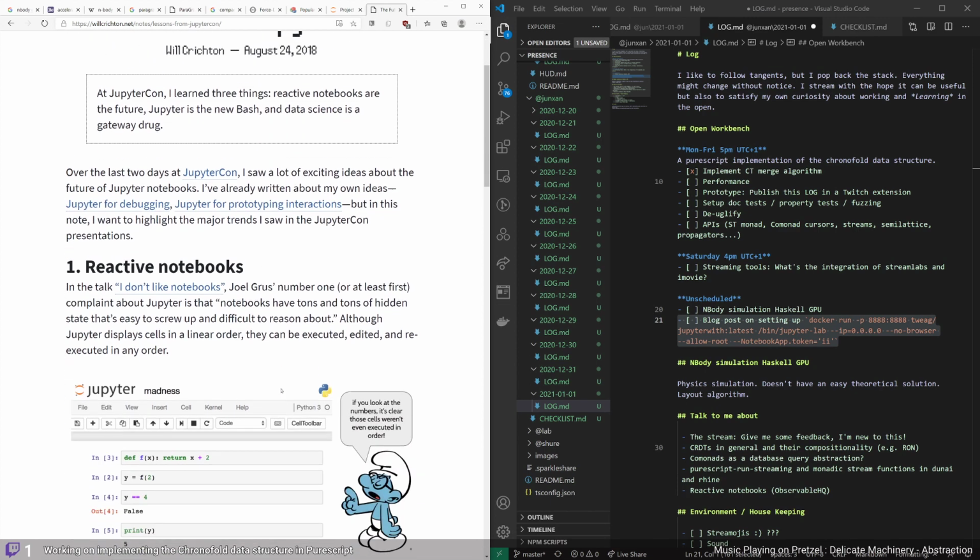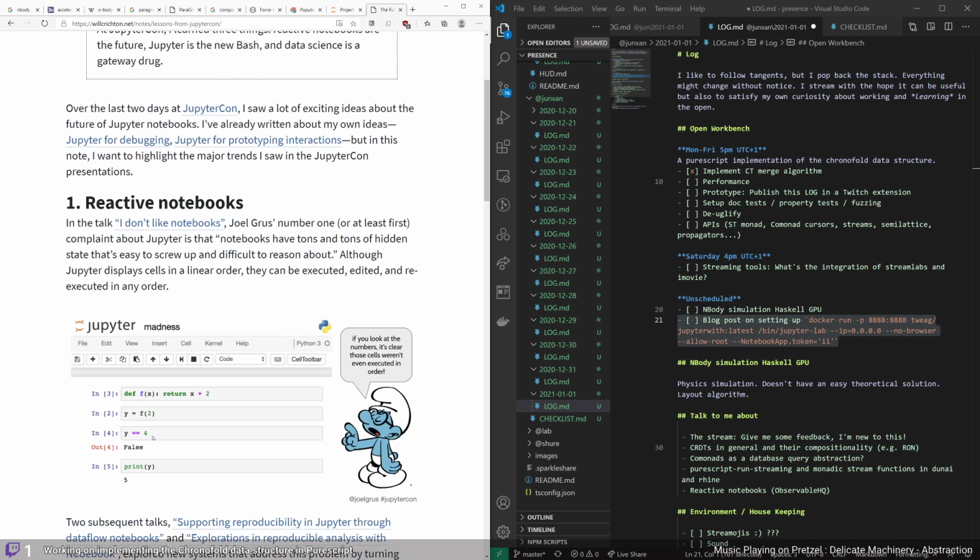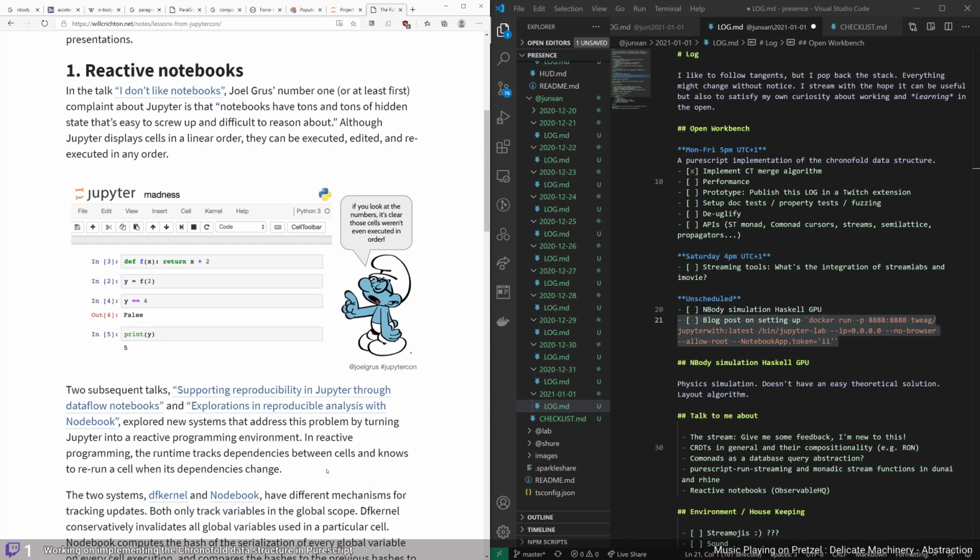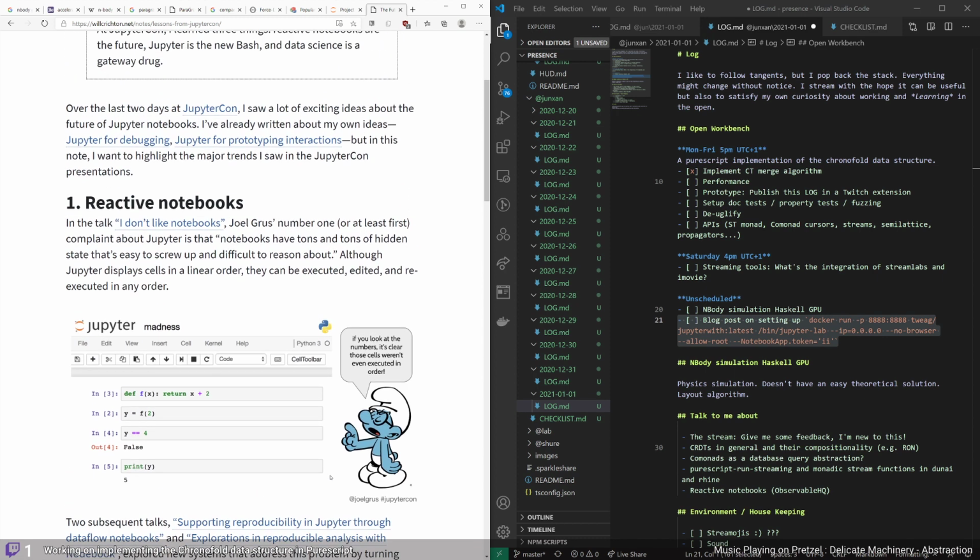And the main problem, or a simple way to explain it, is that if you run your cells in the wrong order in a Jupyter notebook, you get different results. And that means that in practice, you basically have to run your notebooks from the top pretty much all the time. And that's just, well, that's a dependency tracking problem. That's also an incremental state management problem.